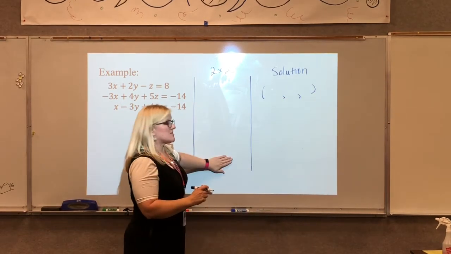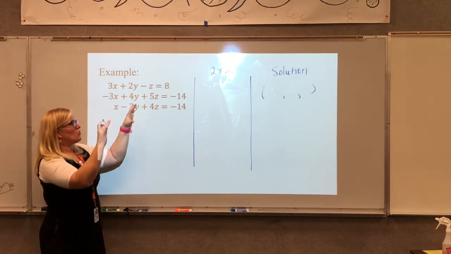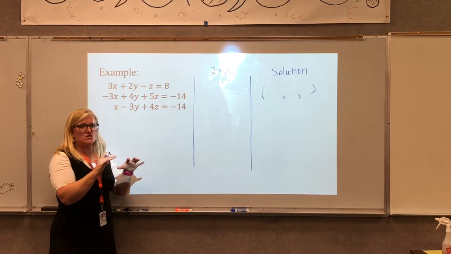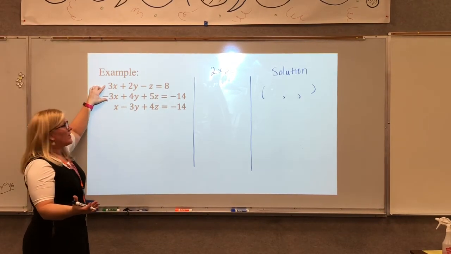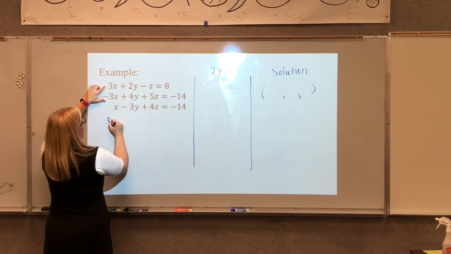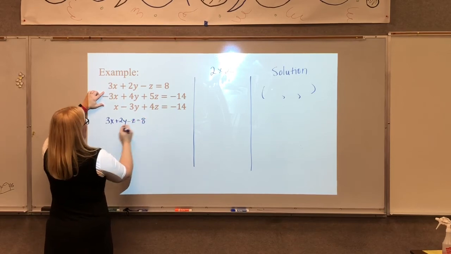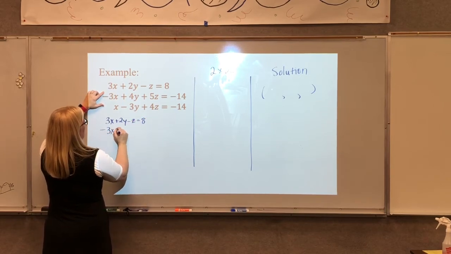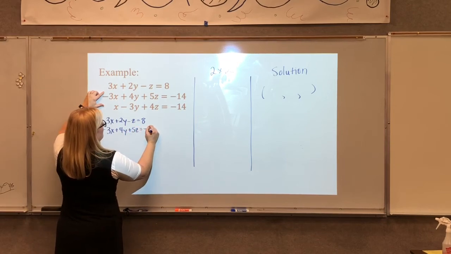This is where I'm going to solve the 2x2 equation. This is where I'm going to whittle this down to just 2, and I'll show you how you do that. So you pick 2 equations. I'm going to pick these first 2. I'm going to rewrite them. 3x plus 2y minus z equals 8. And then I've got negative 3x plus 4y plus 5z equals negative 14.